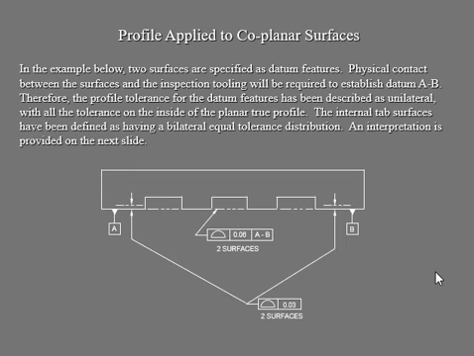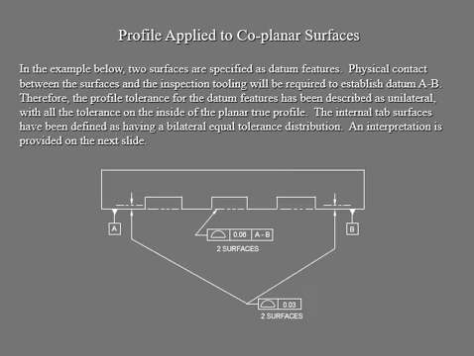Combine them all together. So you provide tolerance for your datum features, and in this case it's a unilateral. In this example, its description is right here, inside of the planar true profile.